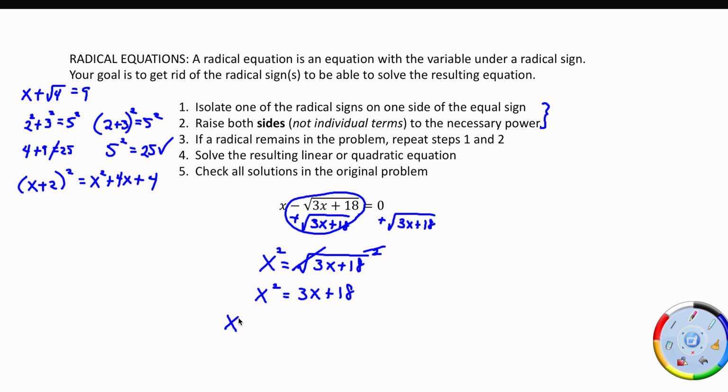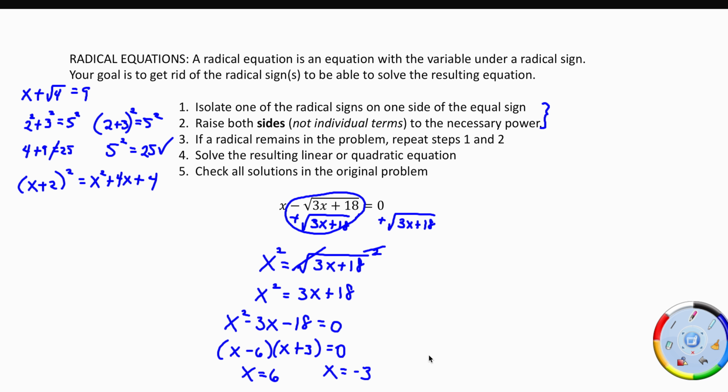So I'm going to set it equal to 0 and try to factor it. Two numbers that multiply to give negative 18 and add to give negative 3 are negative 6 and positive 3. So therefore, x equals 6 or x equals negative 3.